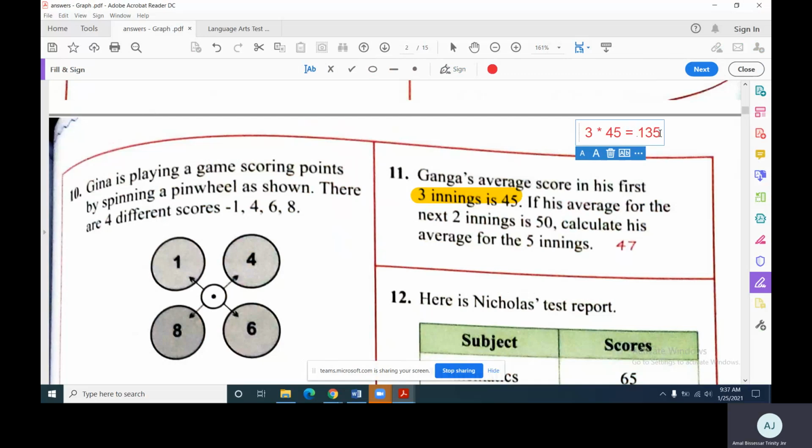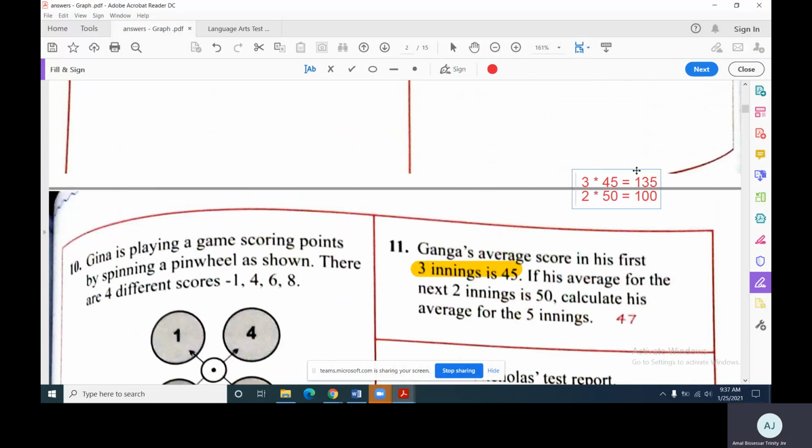His average for the next 2 innings is 50. So when he did the next 2 innings, he made an average of 50. Therefore, he will get 100 in those 2. So what you have now is a total of 135 plus 100, which is 235.